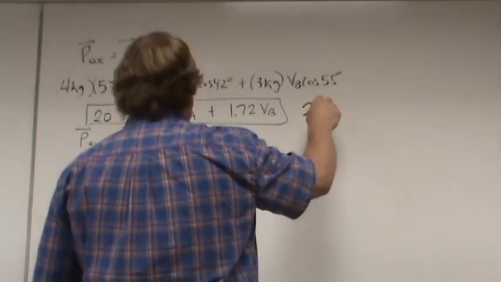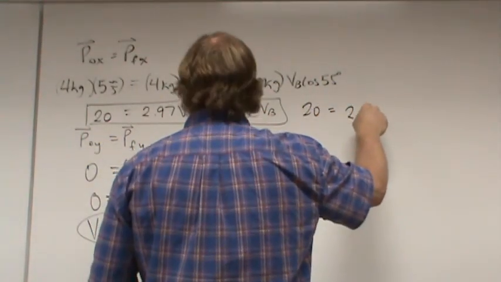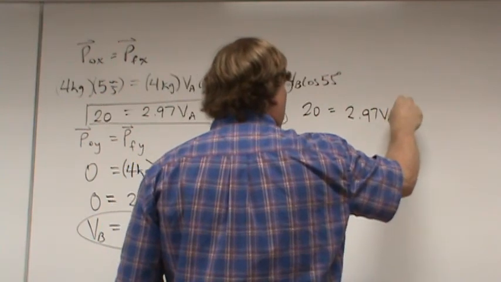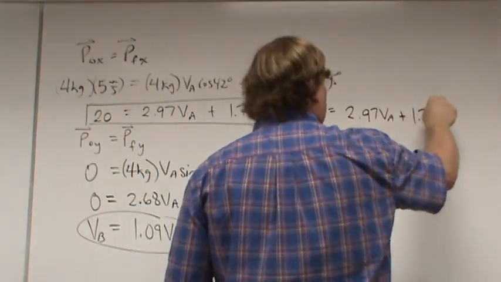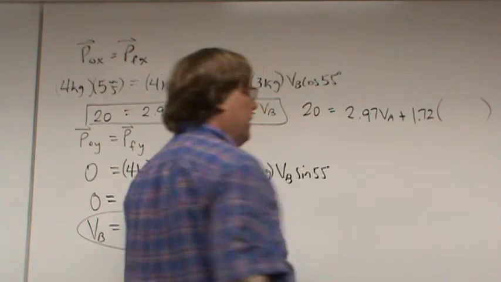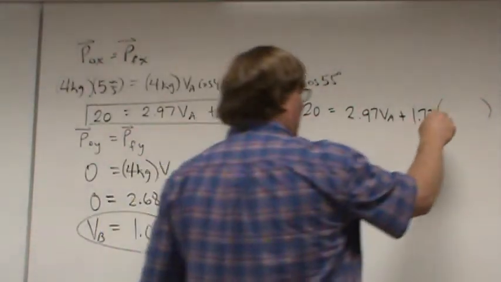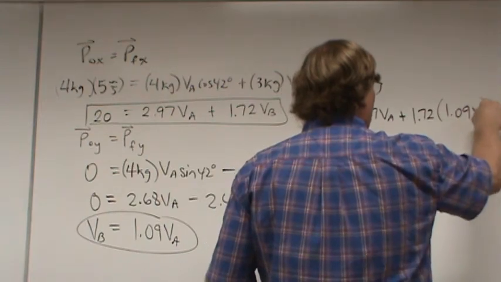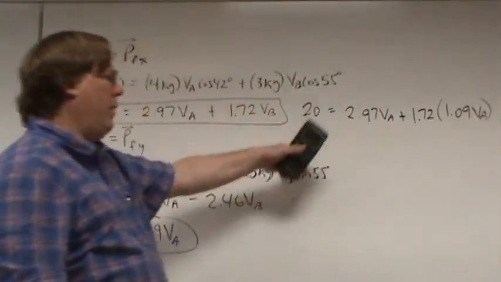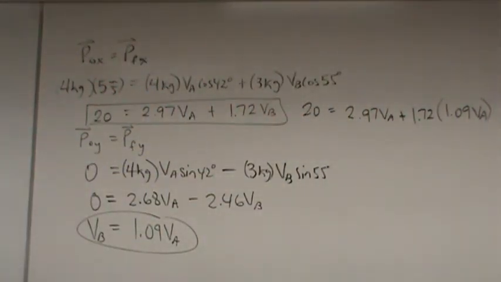So I get 20 equals 2.97 VA plus 1.72 times, instead of VB, I'm going to substitute 1.09 VA. Now I have one equation with one unknown.